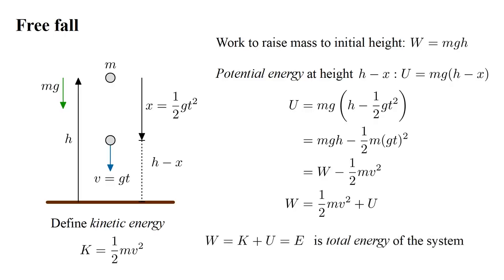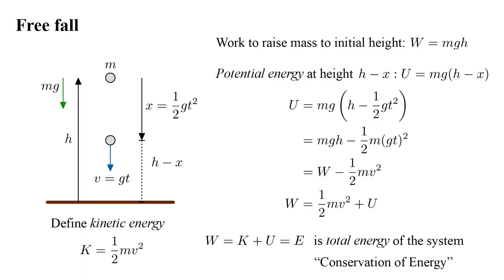Then our expression reads, the work we put into the system, W, equals the object's kinetic energy, K, plus its potential energy, U, which sum to its total energy, E. Because W is just a number, not a function of time as K and U are, the total energy E is a constant.